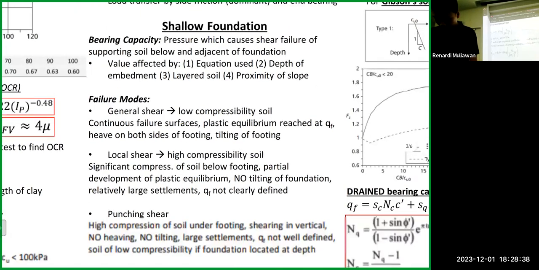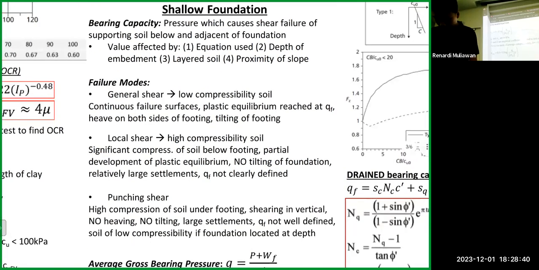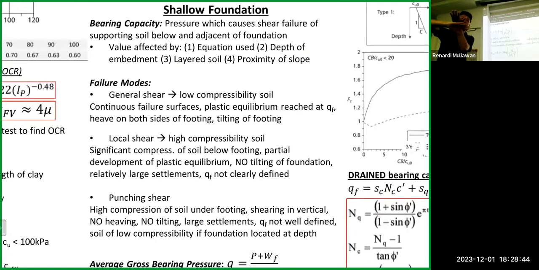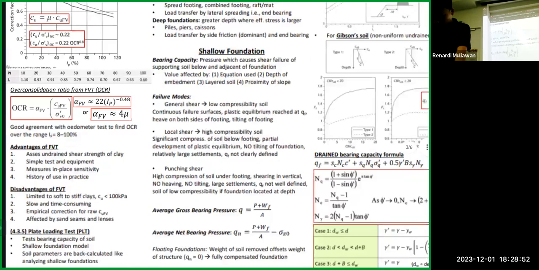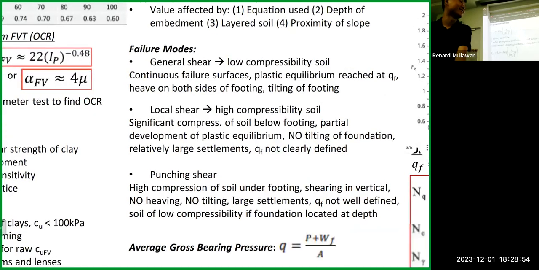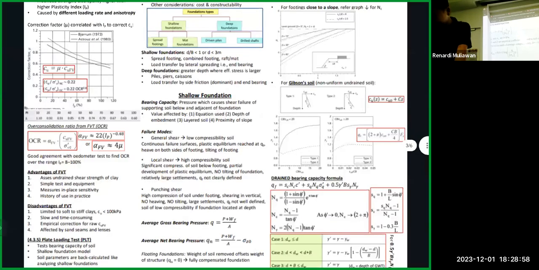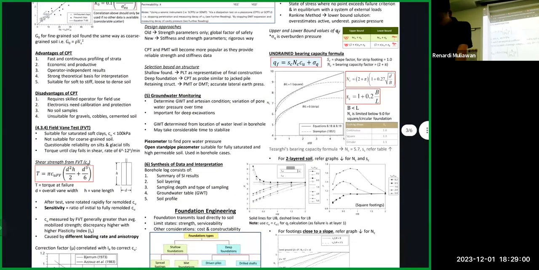okay, first there's bearing capacity. So basically, if you put the shallow foundation on the soil, right? If you put some load, will the soil break or not? That's what bearing capacity is. Okay. Punching shear, general shear, this one is covered in your RC. So yeah, it's not in this course. Okay.